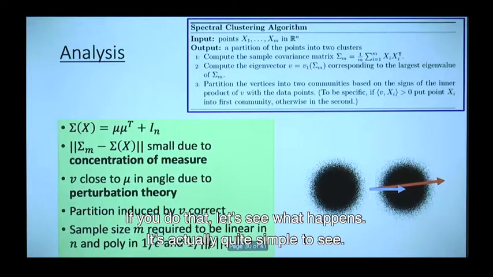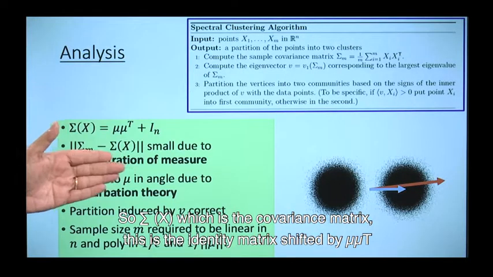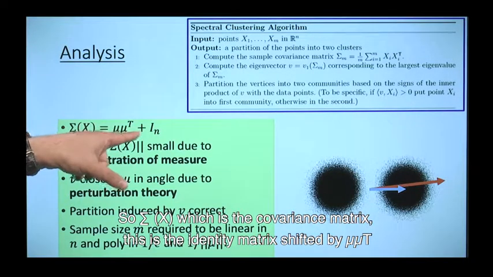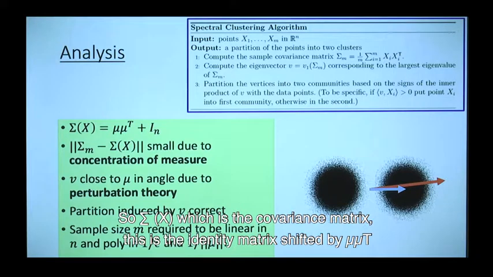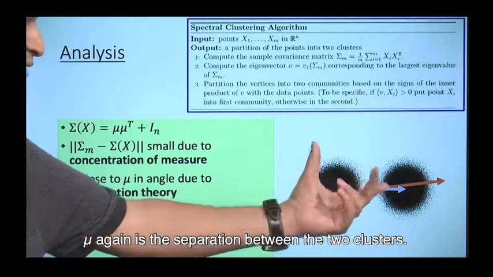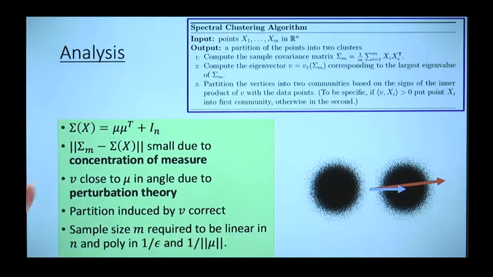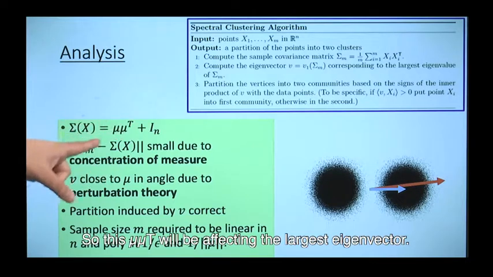It is actually quite simple to see. The covariance matrix sigma of x is the identity matrix shifted by mu mu transpose. Mu is the direction of the separation between the two clusters, so this mu mu transpose will be affecting the largest eigenvector.